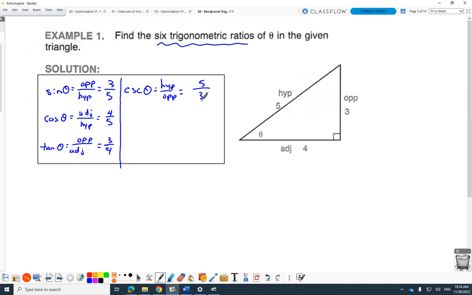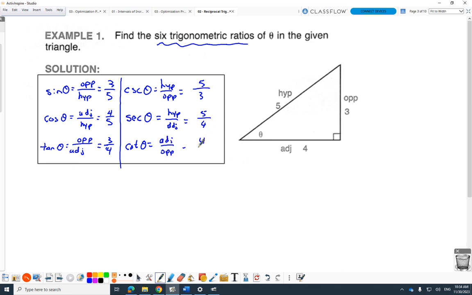Okay, so what goes with cos? Secant, it's pronounced. I know it says SEC, that's just the short form. And so that's hypotenuse over adjacent, which is 5 over 4. And then finally, cotan theta, which should be adjacent over opposite, which is 4/3.